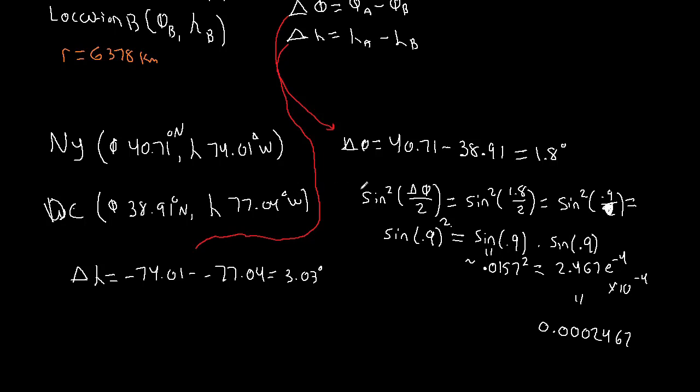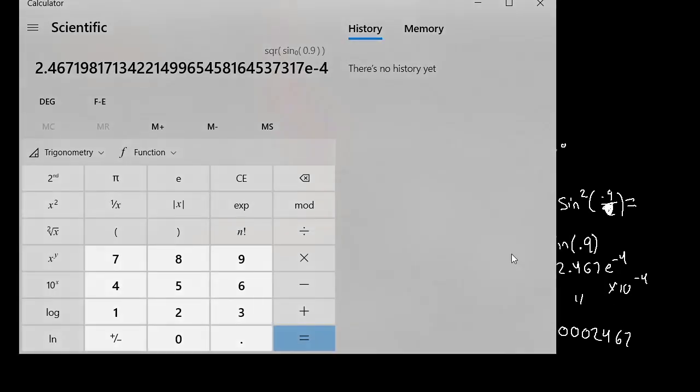And so sine squared of delta lambda over 2 is the same as sine squared of 3.03 over 2, which is sine squared of 1.51. We can do the exact same thing here. We go back to our calculator and type in 1.51.